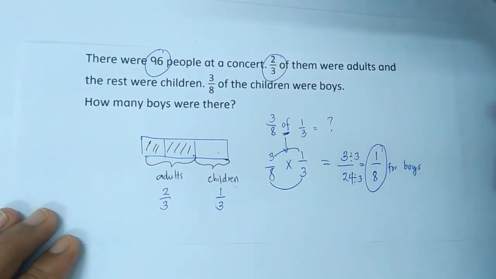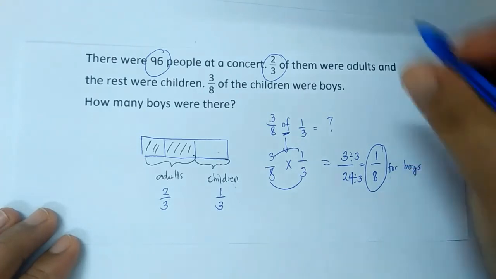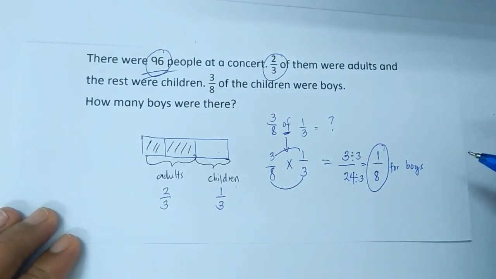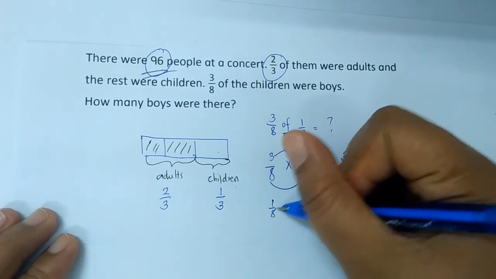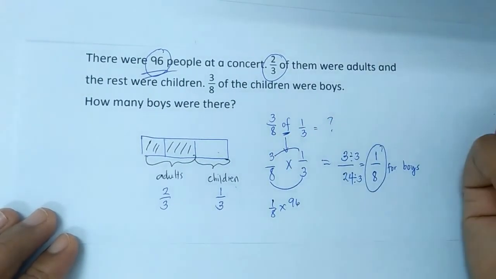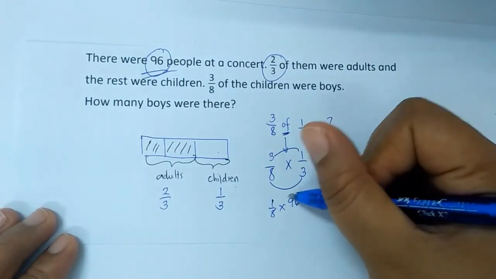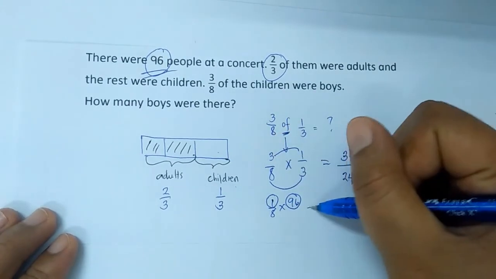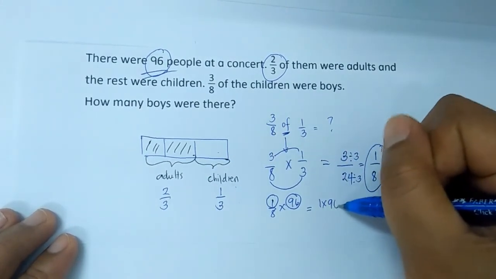Did you find how many boys were there? Not yet. It means 1/8 of 96 people. How are we going to take 1/8 of 96? Very good. Multiply. 1/8 times 96. So multiply the whole number to the numerator. 1 times 96.